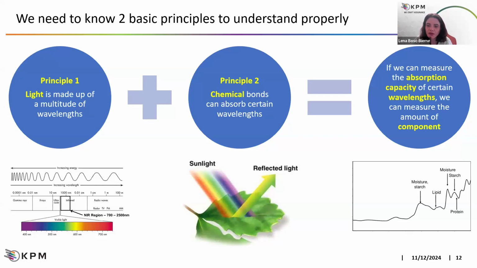The second thing we need to know is that every flour, every product in the world, is composed of molecules, and the bonds between specific molecules vibrate, they absorb more or less light from certain wavelengths. They have a preference for certain wavelengths. So that means that if we are able to connect a specific absorbance with a specific component, then we can measure the amount of that component in the product.